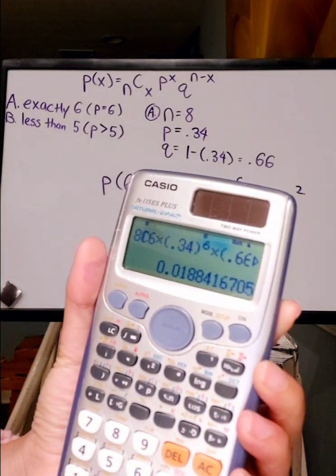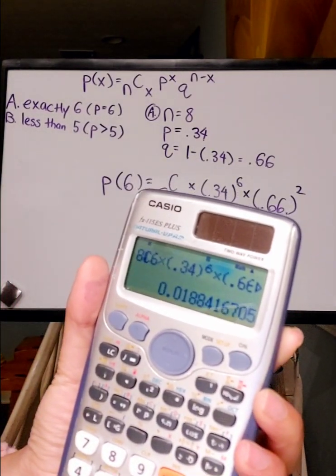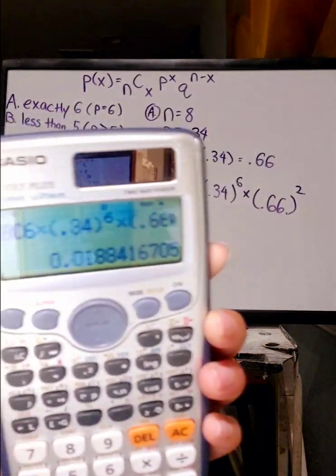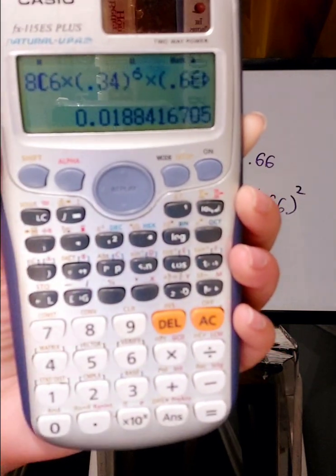So we can just say 0.0188, and to round that, we can just leave it at 0.02 to make things a lot simpler.